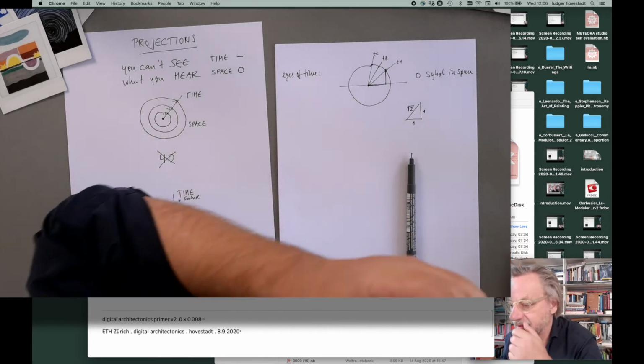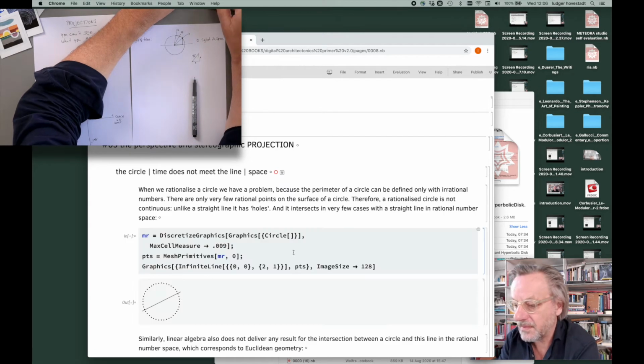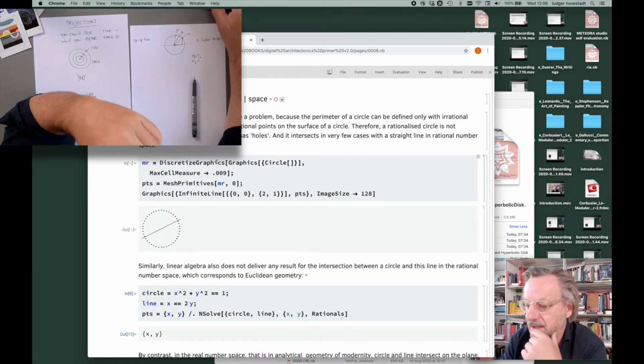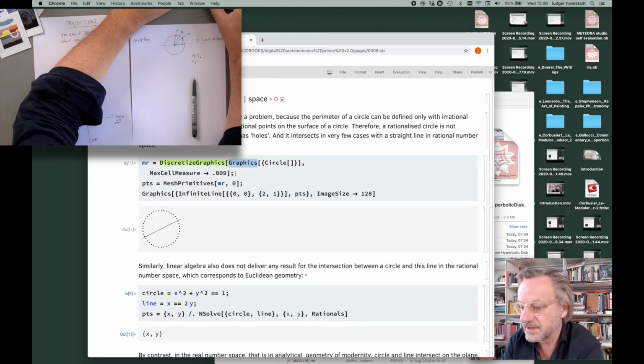So let's go for detail and show that with code. This, for example, is we have a graphics, a circle, and we discretize it with a certain measure. This gives you a set of points, coordinates, in space.